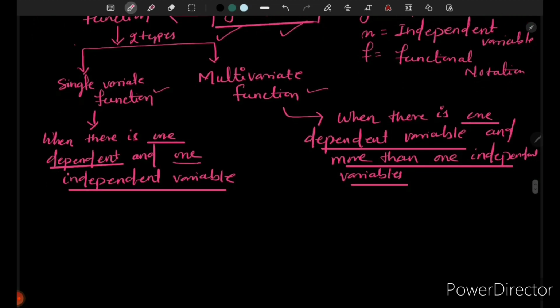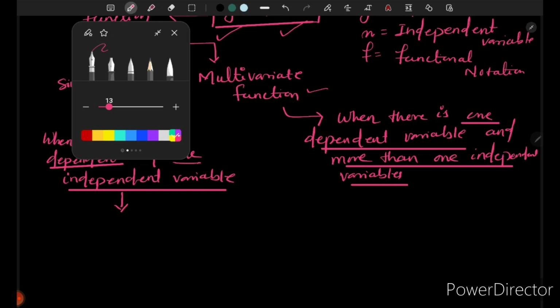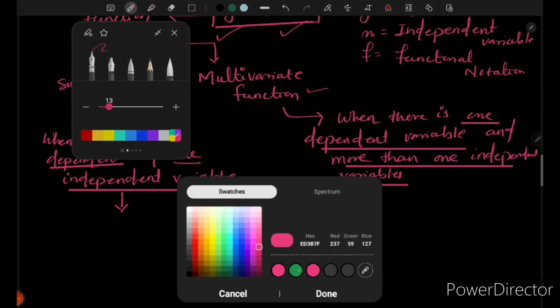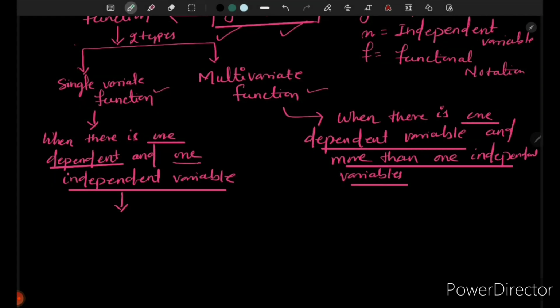So here we can say the example of single variate function. We can write y is a function of x. So this is an example of single variate function. So in multivariate function we can write z is a function of x and y.